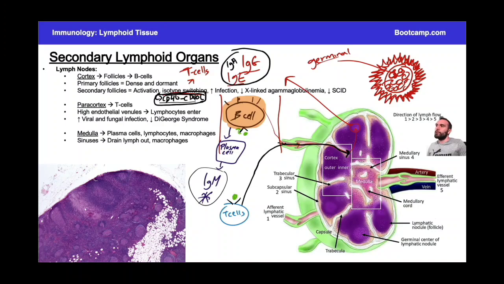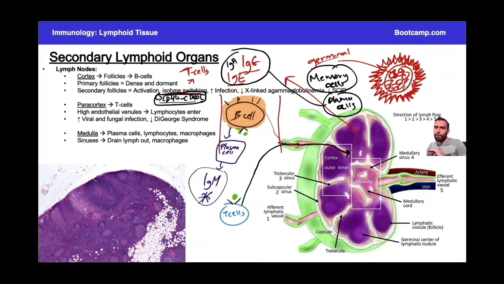Some of these B cells too might stay in the center here and form memory cells. Okay, so then if we ever get infected with this bug again, we would have cells already ready for it. Okay, so some of these B cells would form memory cells, and then some of these B cells are also going to form the plasma cells that will undergo isotype switching that will create a host of different antibodies.